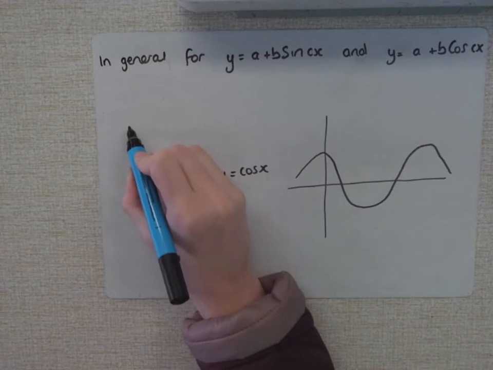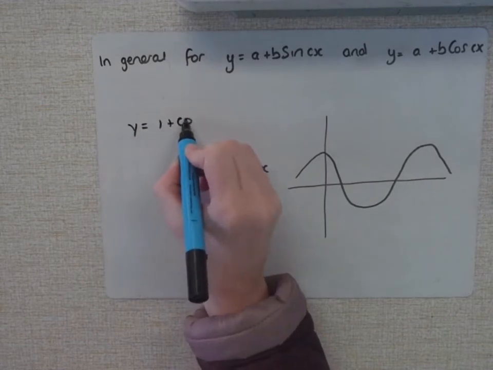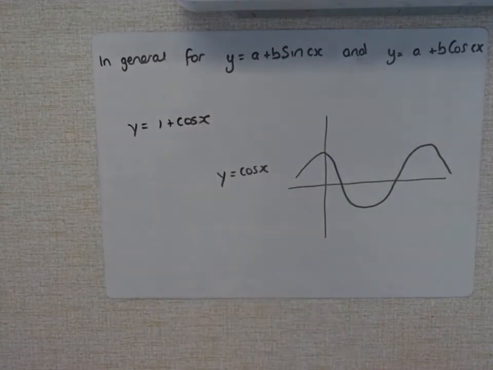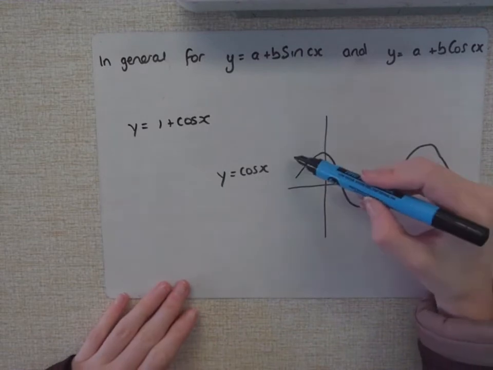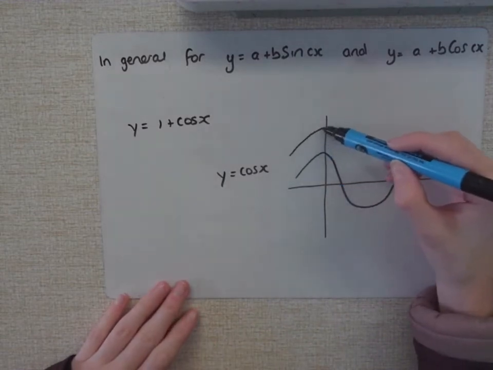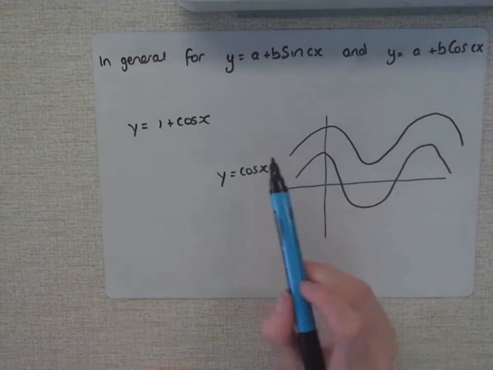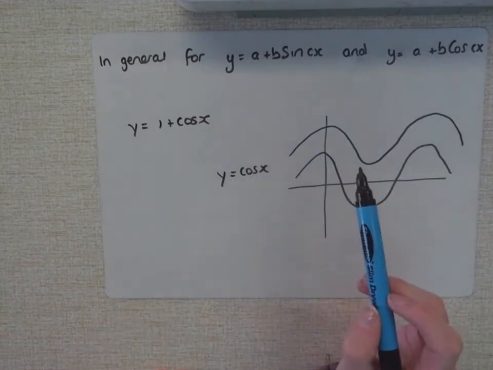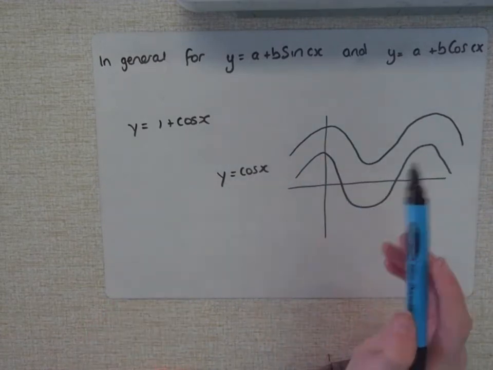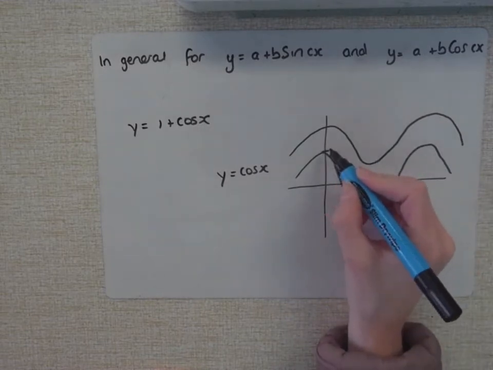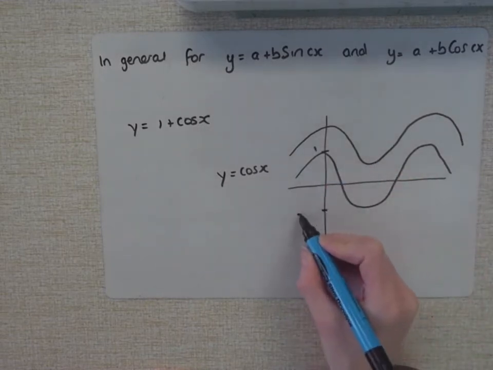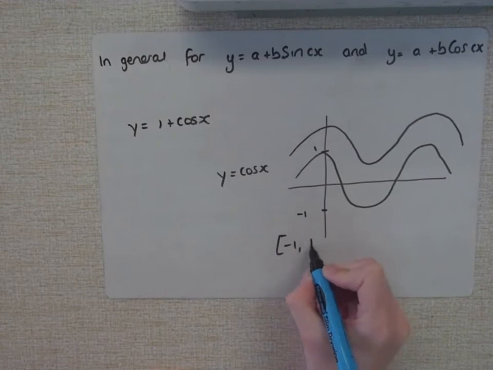What happens if I do y equals 1 plus cos of x? It moves up 1. So all your y values just move up 1. What does that do to the range? My range here is -1 to 1.